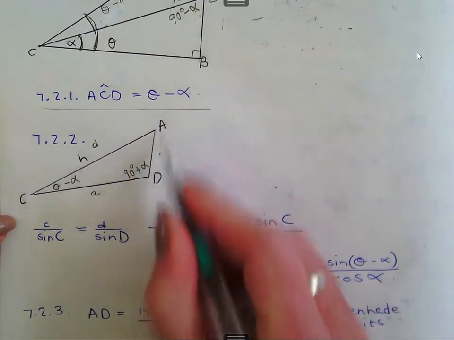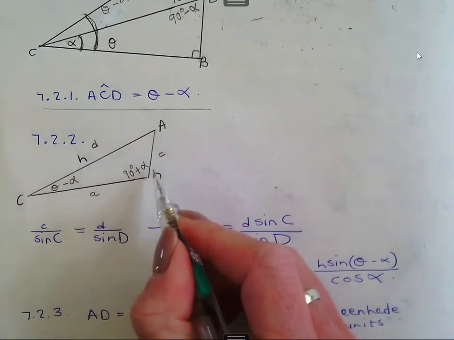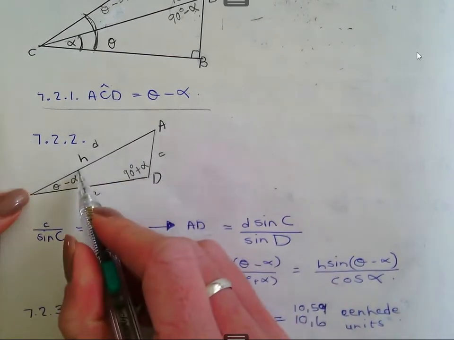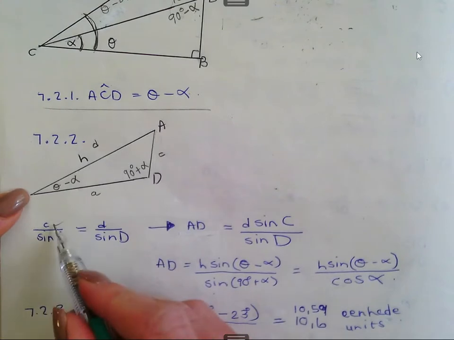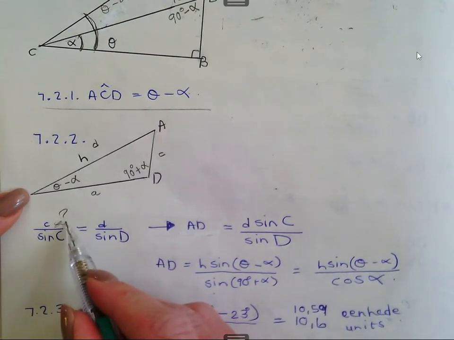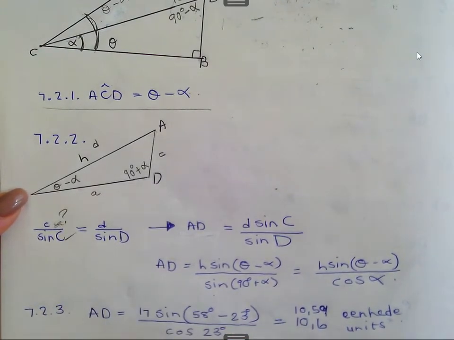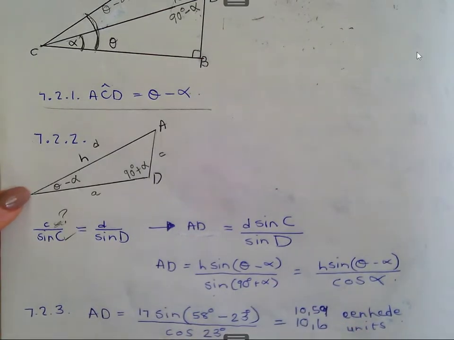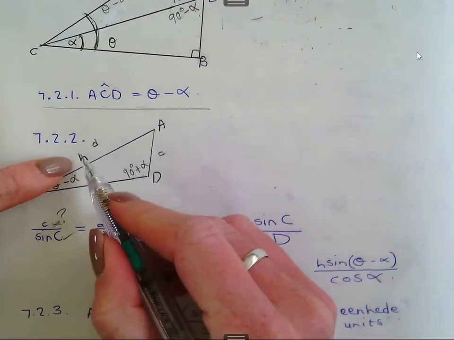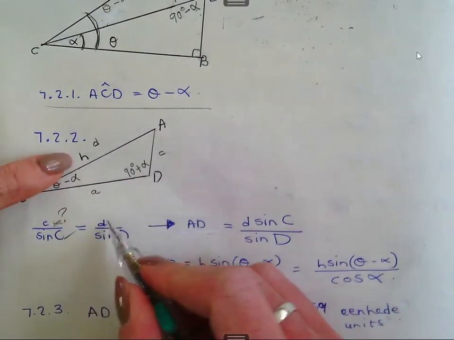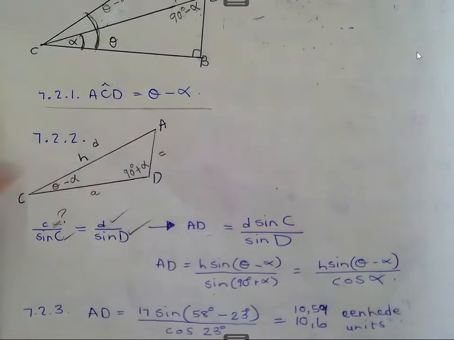Because I want to calculate that side, which is small letter c, I need to have angle C, and I do have it. I don't have this one. I want the small letter c, but I have big letter C, capital letter C. And then I need one full ratio. Okay? And I have the side there, that's D, and I have the angle, that's D.